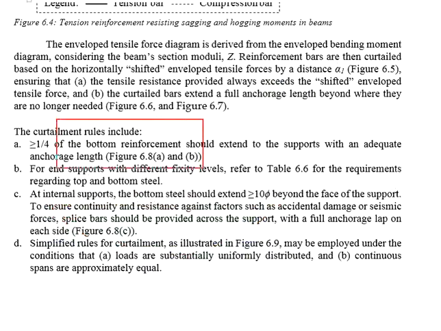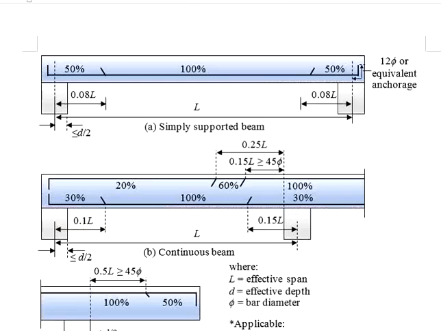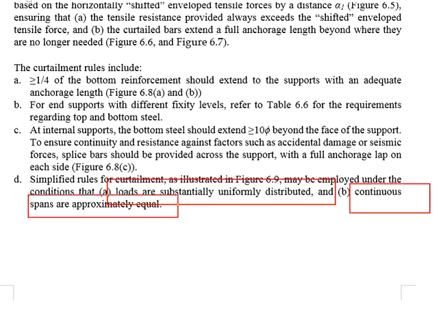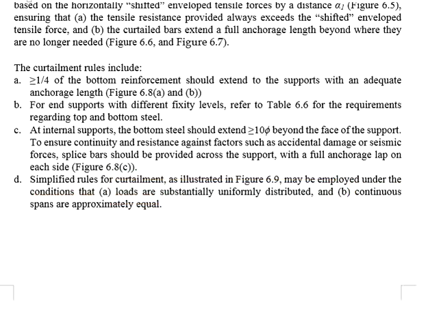On top of these rules here, you may also adopt the simplified rules for the curtailment, as illustrated here, but with the conditions that the loads are substantially uniformly distributed and the continuous spans are approximately equal.